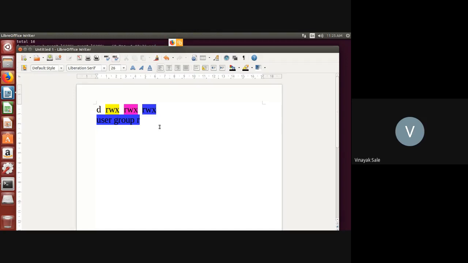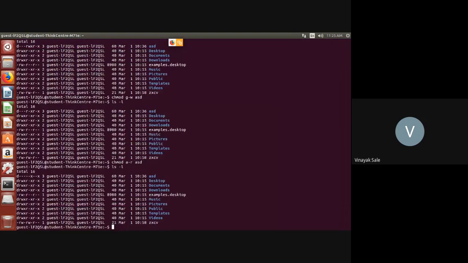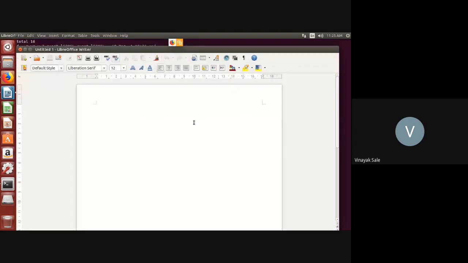For the user group, the user has a read permission.